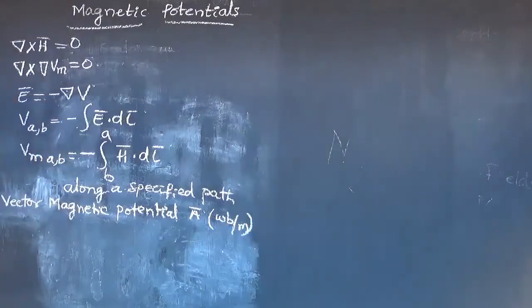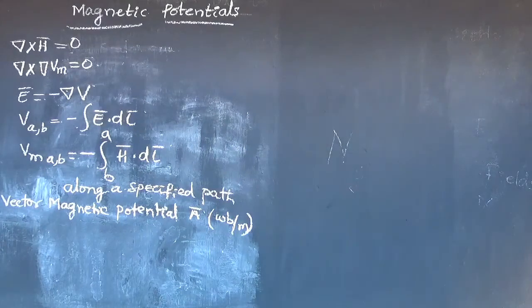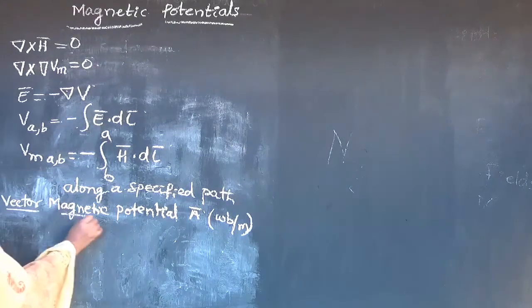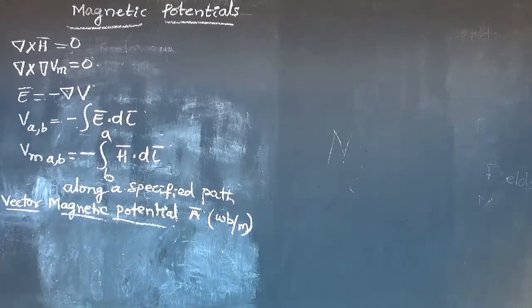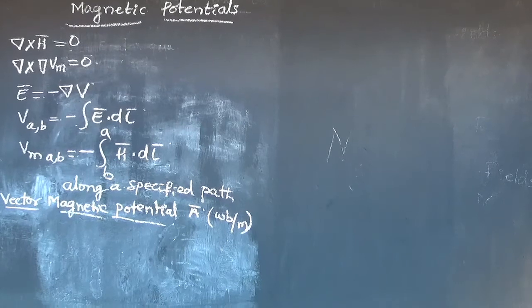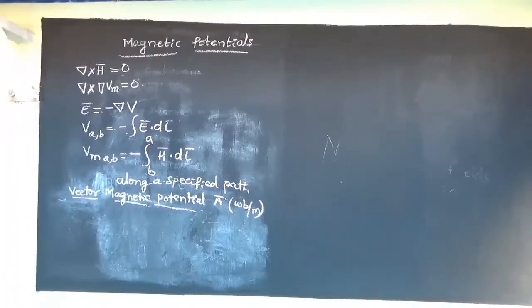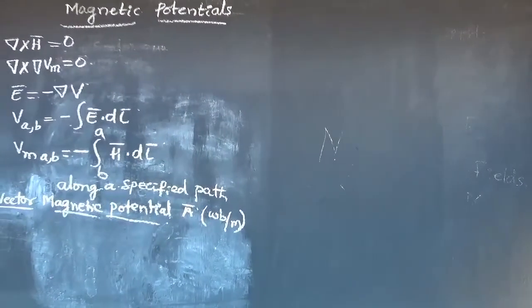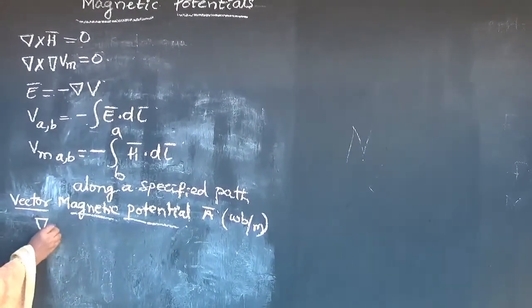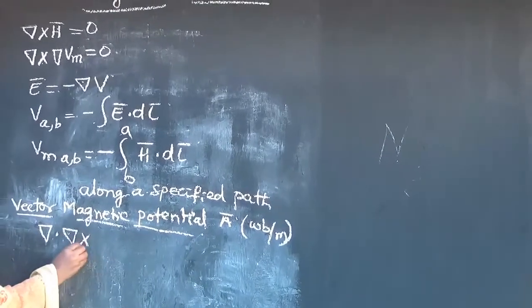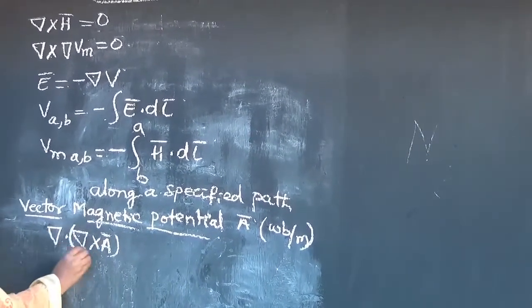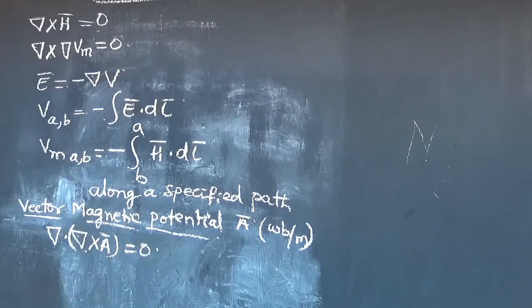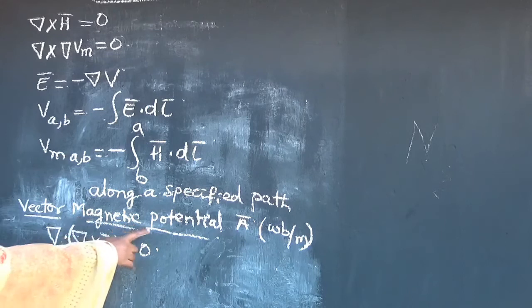To identify it or to know more about this, we are going to use the identity del dot del cross A bar is equal to 0, where A bar is the vector magnetic potential.